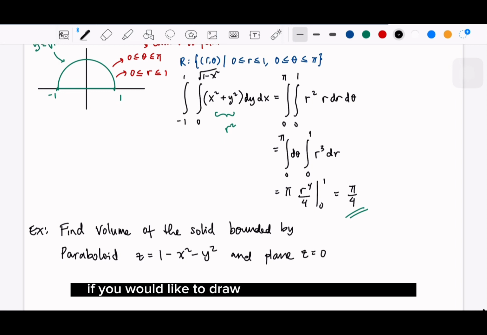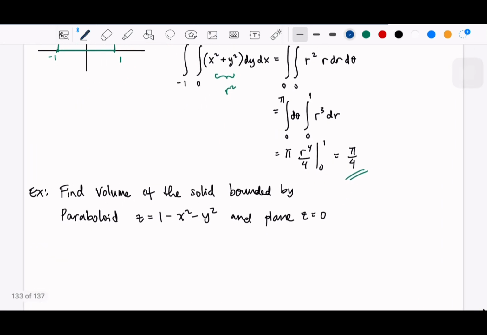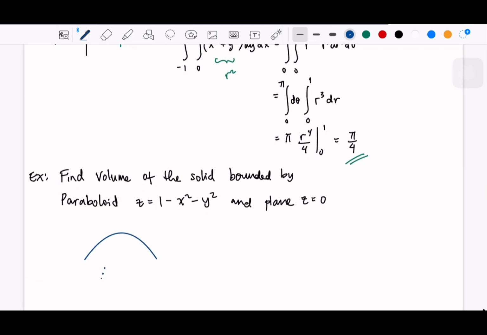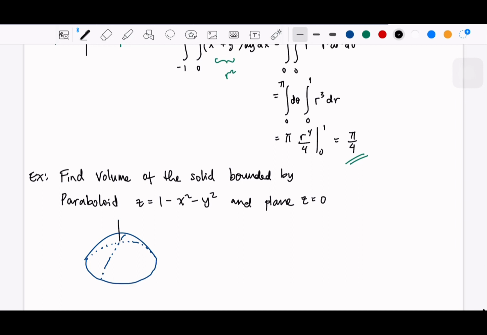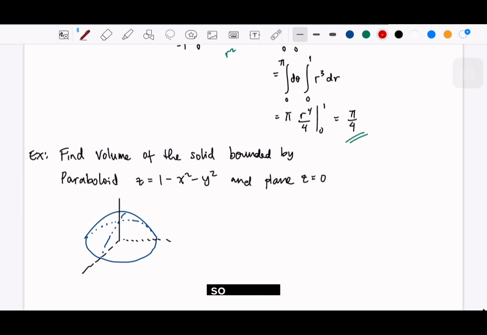If you would like to draw it, it's just like that, and let's say this is the axis. So this is z equals 1 minus x squared minus y squared.